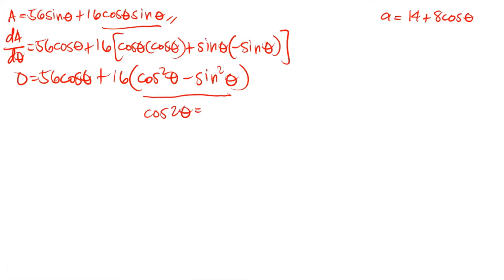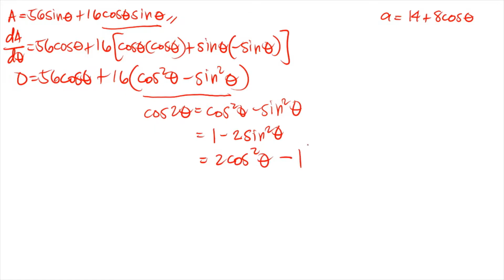So cosine 2 theta equals cosine squared theta minus sine squared theta, which is also equal to 1 minus 2 sine squared theta, and lastly 2 cosine squared theta minus 1. So we have three options. We can either convert this to this expression, or this expression, or this expression.